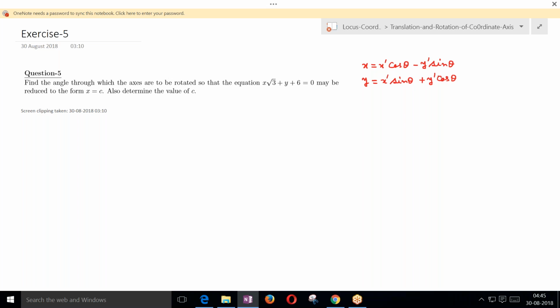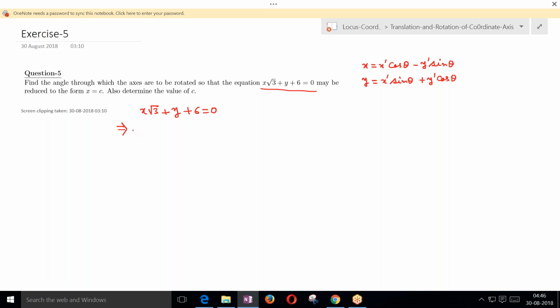So the reduced equation becomes x root 3 plus y plus 6 equal to 0.